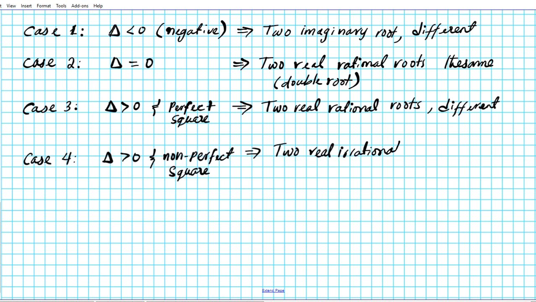The irrationality results from taking the square root of a number that's not a perfect square, so that radical component will remain in the simplification. So these are the four cases that we're going to be using to describe the nature of the roots of a quadratic equation after determining what the discriminant value is.